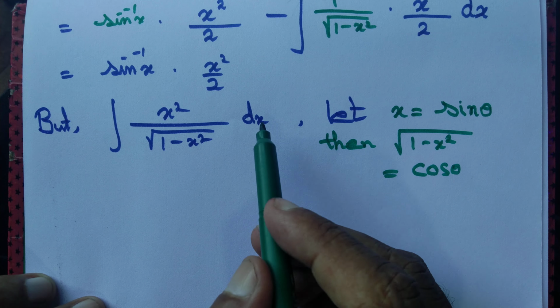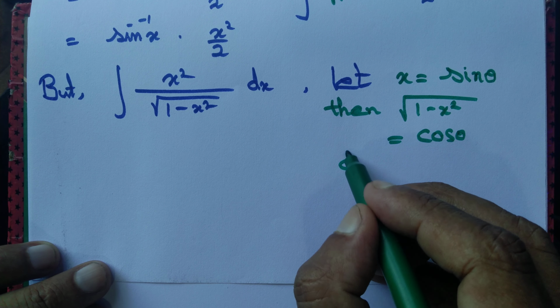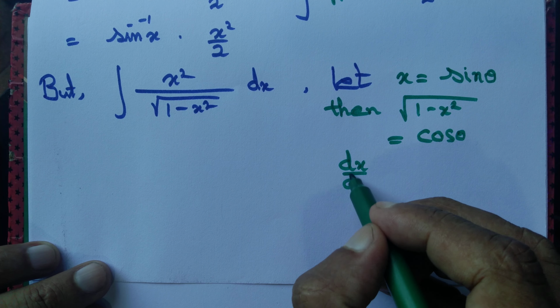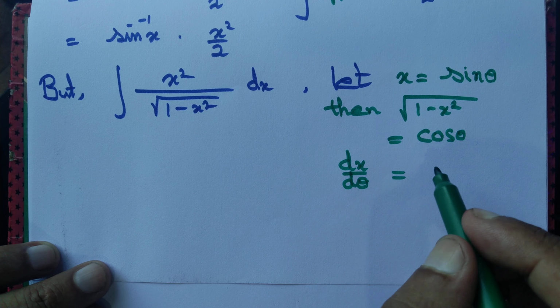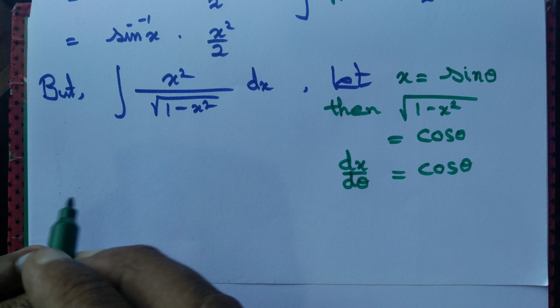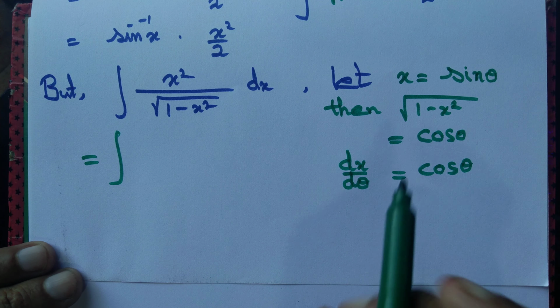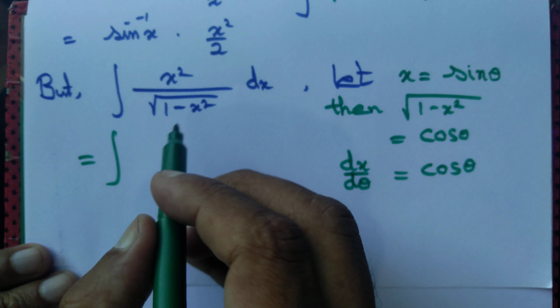But how about dx? If x equal to sine theta, then dx by d theta, the derivative of sine theta with respect to theta, is just cos theta. So this integral is equal to the integral of x square, that's sine square theta.